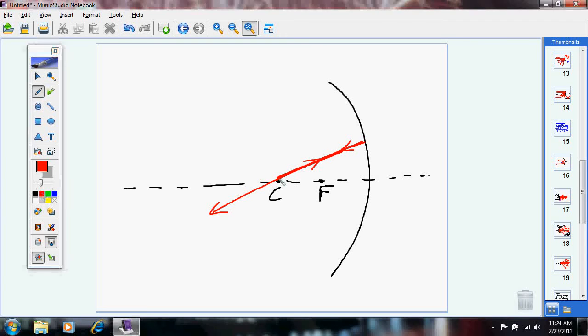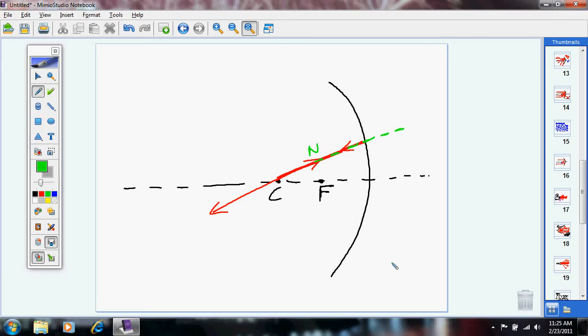Again, a light ray coming from the center of curvature that hits the concave mirror hits the mirror right along the normal line. And since it's hitting it right along the normal line, head on, it bounces straight back.